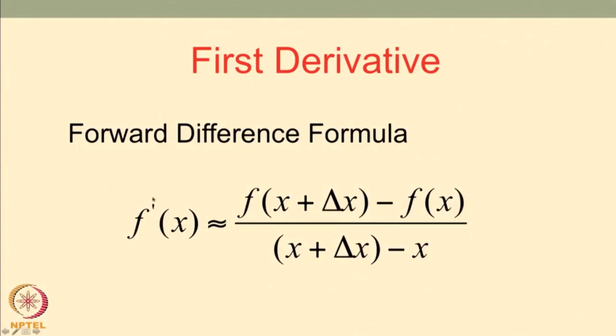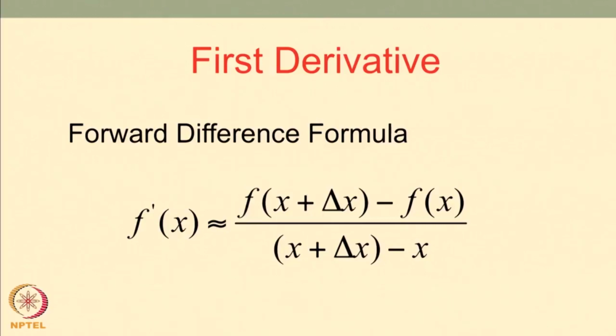This symbol here is prime. So f prime of x is the first derivative, and this will give you approximately the first derivative. This is the numerical way of calculating it.